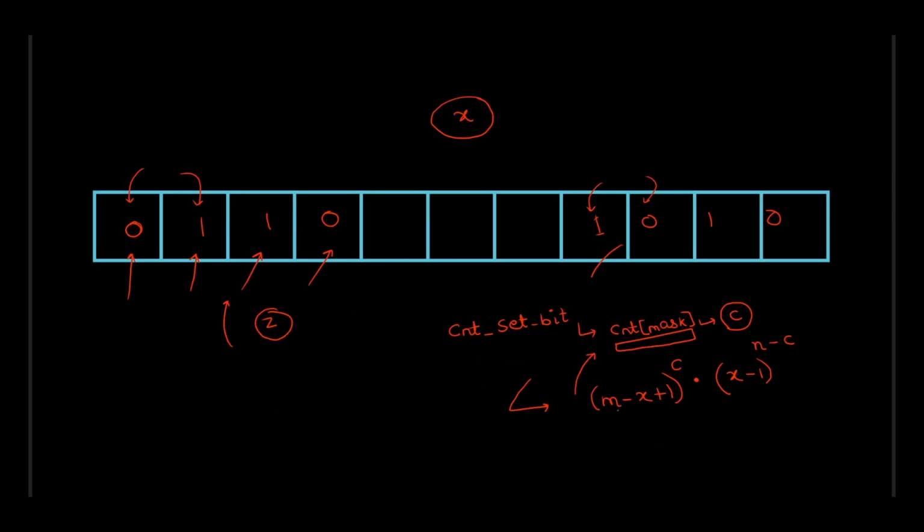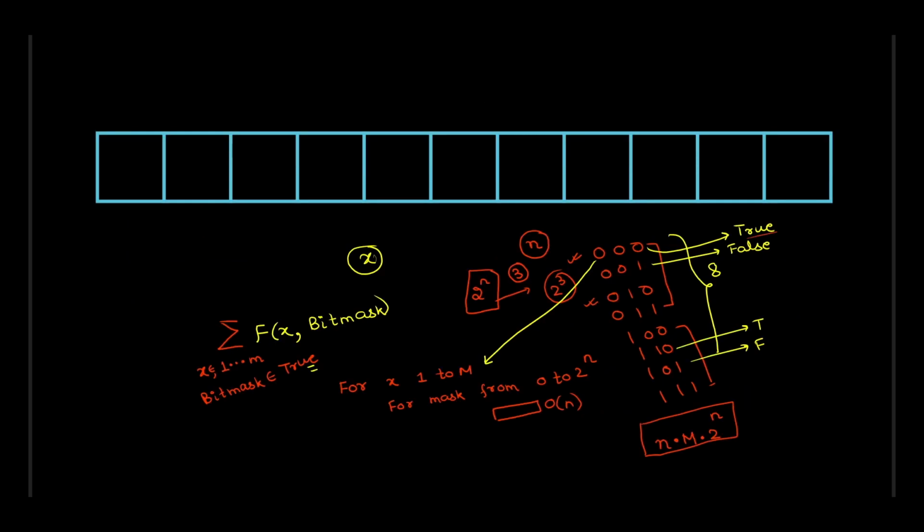But this time we are only relying on the count of the set bits in the bit mask to get this expression. Now we know that we can at least get rid of this O of n factor over here. And once we have gotten rid of this O of n factor, the complexity becomes m into 2 to the power n. But can we reduce it down even further?